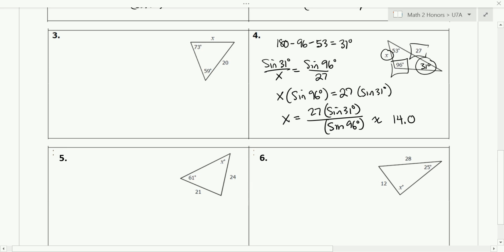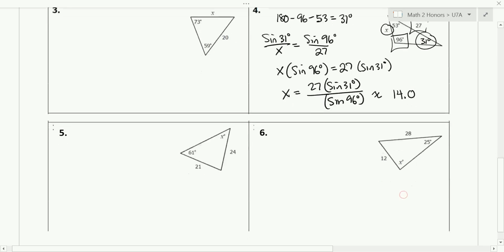Then number 5 and 6 start the same, but then it gets uglier for your calculator. And I'll show you why. I'll do 5 with you, and then I'll let you try 6 on your own. So 5, we're going to use a lot of sines. So sine of x over 21 is equal to sine of 61 over 24.